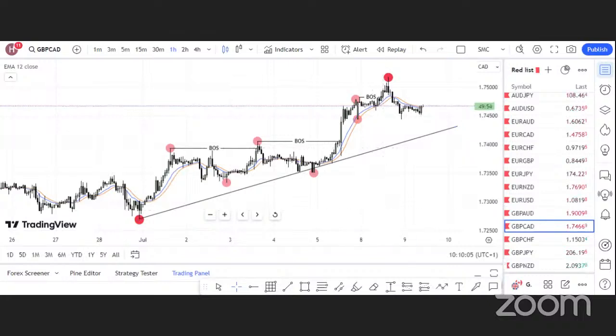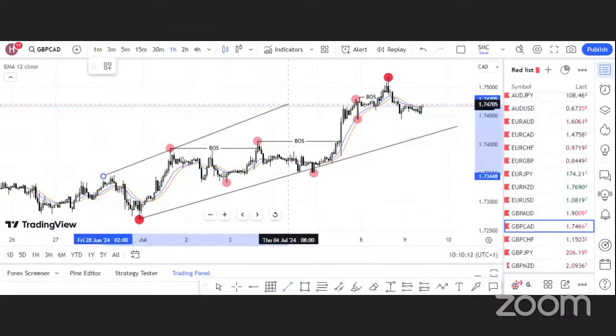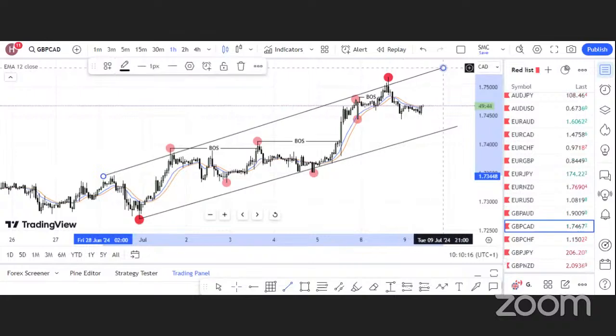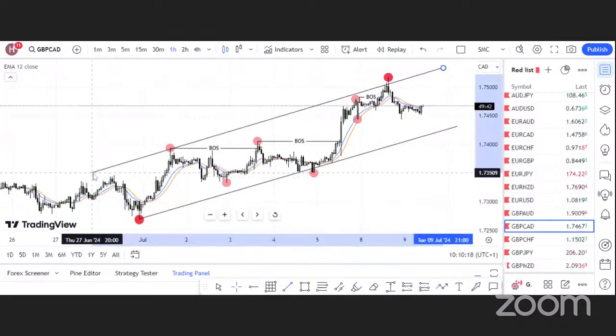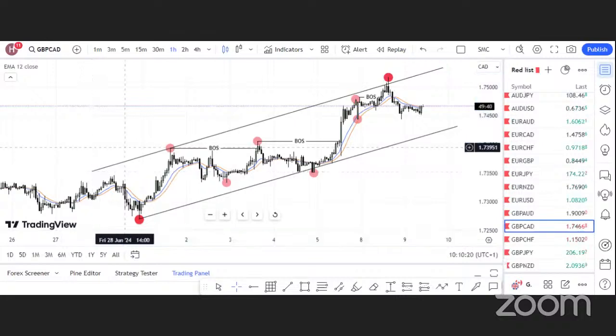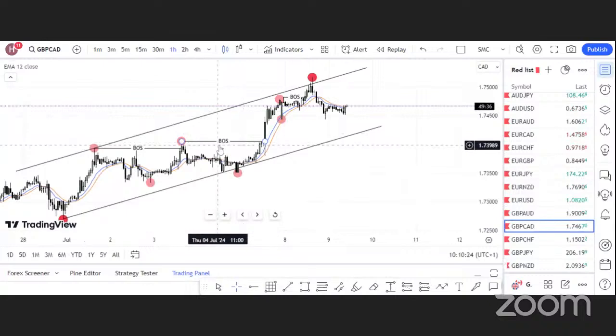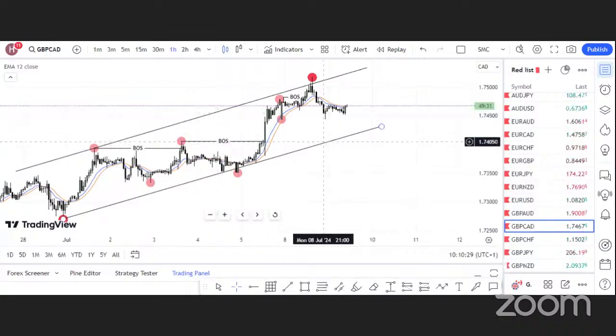So when you have both trend lines on the chart, they make up a trend channel, okay, a trend line channel. So if I have both of them this way, then I can say I have a trend channel. Okay, I have a trend line channel. So this is the resistance trend line, and this is the support trend line.